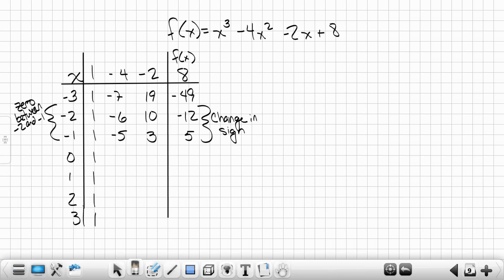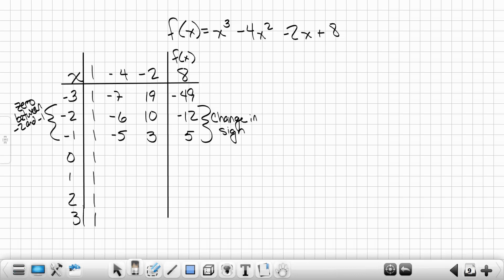When I plugged in -2, I got -12. But when I plugged in -1, I got +5. So somewhere between -2 and -1, I crossed the x-axis. I don't know what number, but somewhere between.